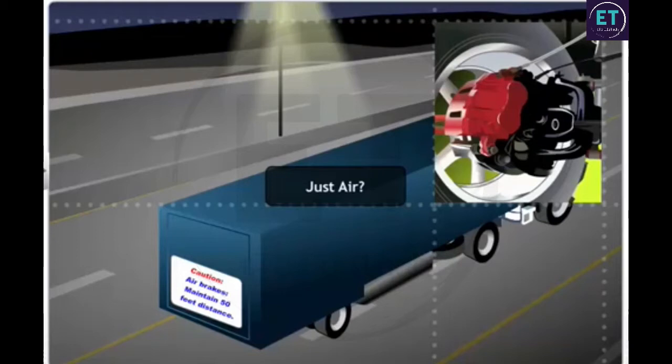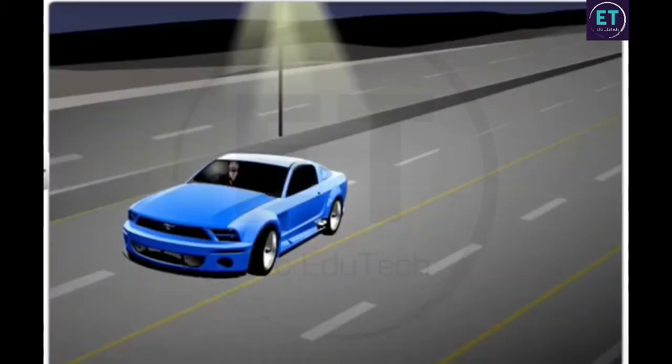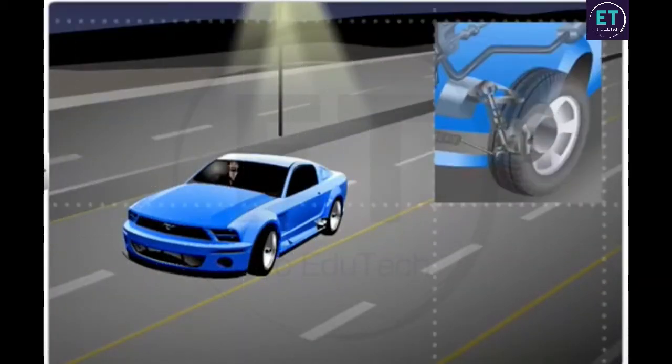Amazing, isn't it? In fact, the hydraulic brake system used in cars also involves the usage of a fluid, brake oil. Both these applications, air brakes and hydraulic brakes, are based on a law related to pressure. This law is called Pascal's law.